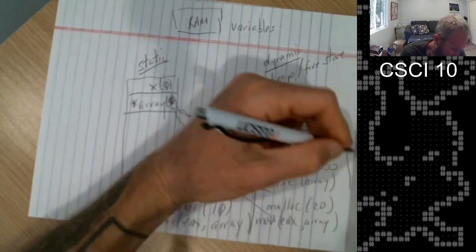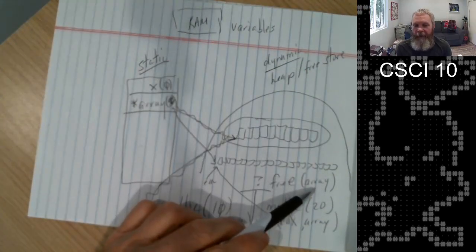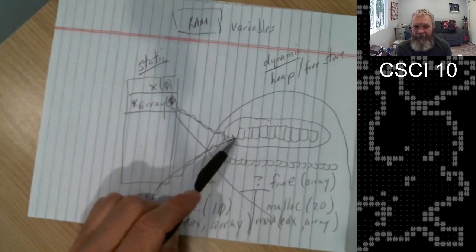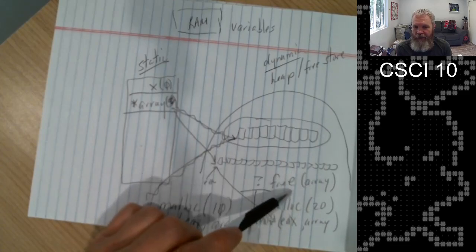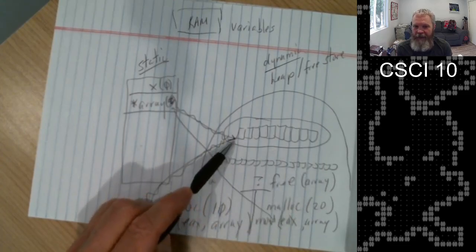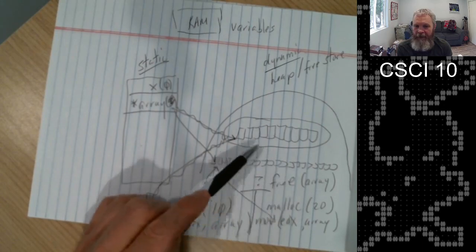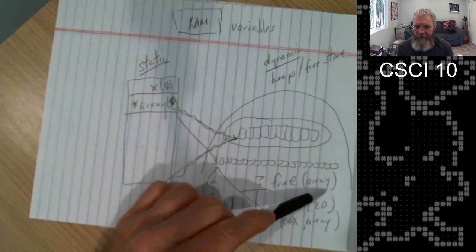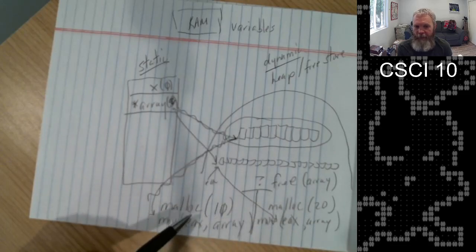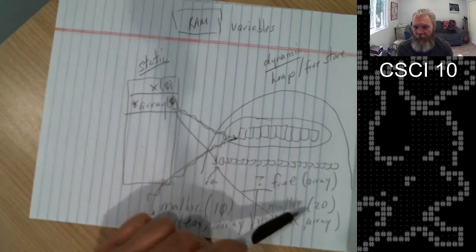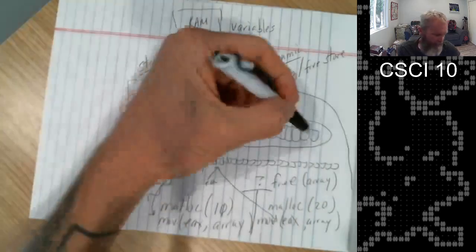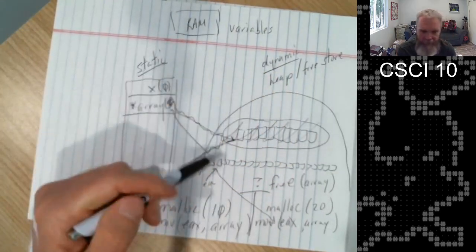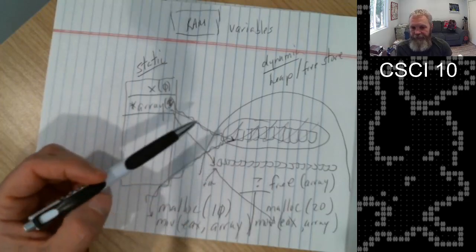And what you do is you free the base. You just say free and you give it the address of where your block of memory that you want to free is. And it will work out the rest for you. So before I allocate the second 20, I need to free the first 10 so that I don't have a memory leak.